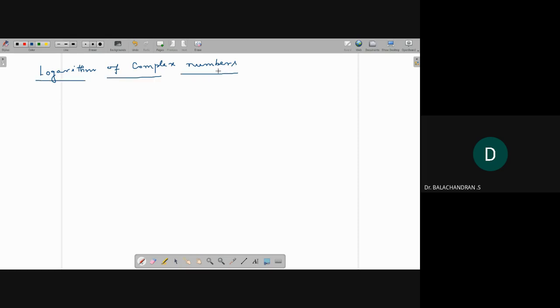Actually, the logarithm of a complex number is also useful in the third semester. When you study complex variables in the third semester, you will use some of the ideas from this topic. So first I will define what is the principal value of logarithm.